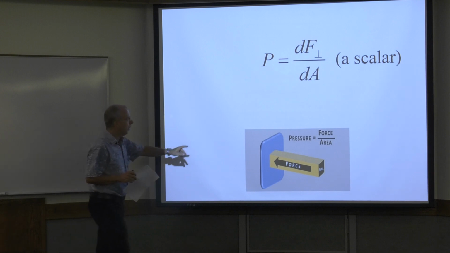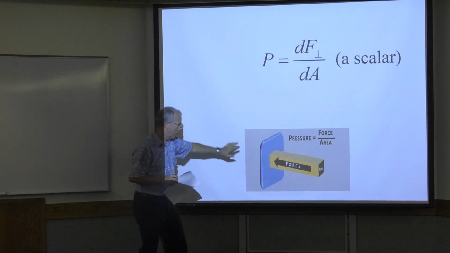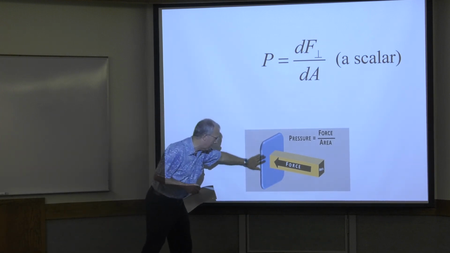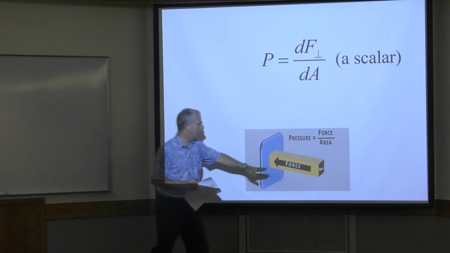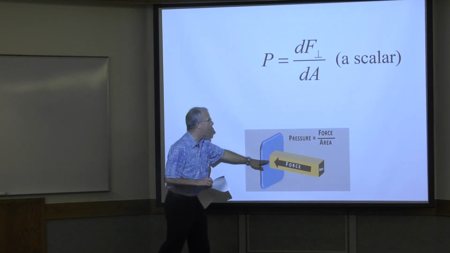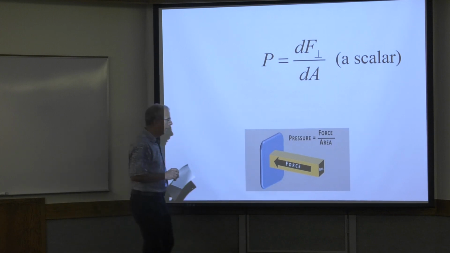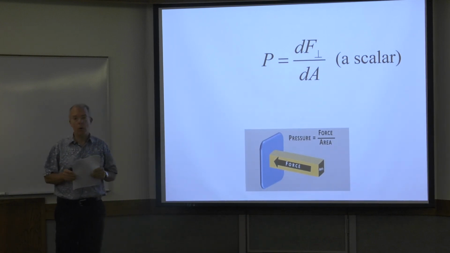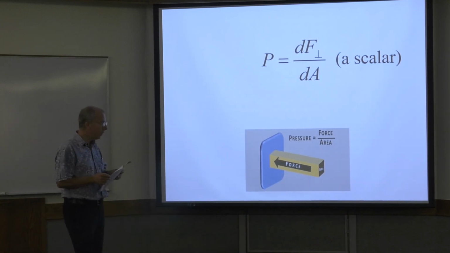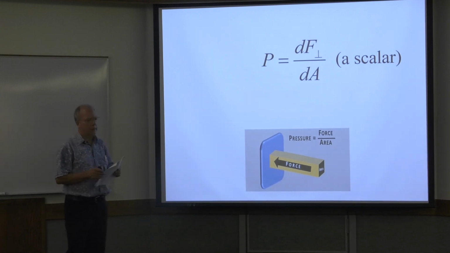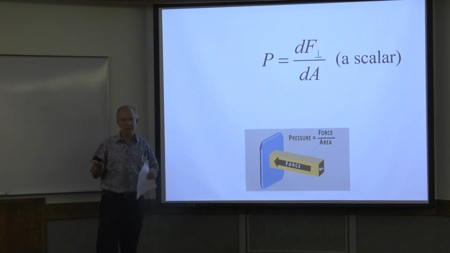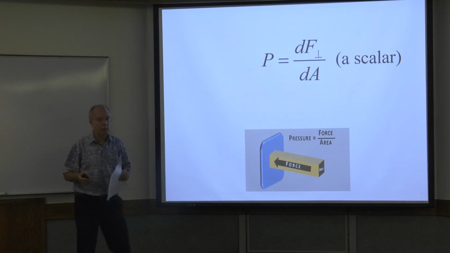All right, so here's pressure. So what we're talking about, just imagine this is a small area, dA, and we have a perpendicular force applied to it. That's dF perpendicular. So that's pressure, dF over dA. So it's force divided by area. Now, come on, force is a vector, right? So why is pressure a scalar?